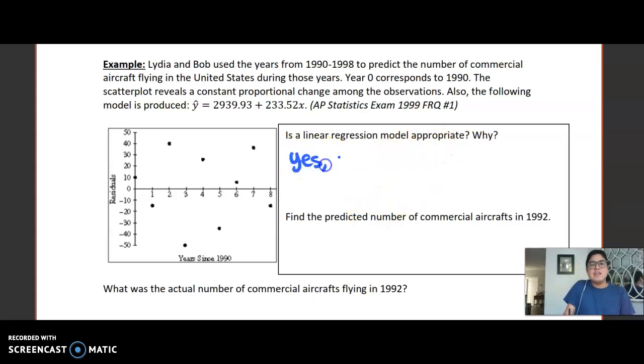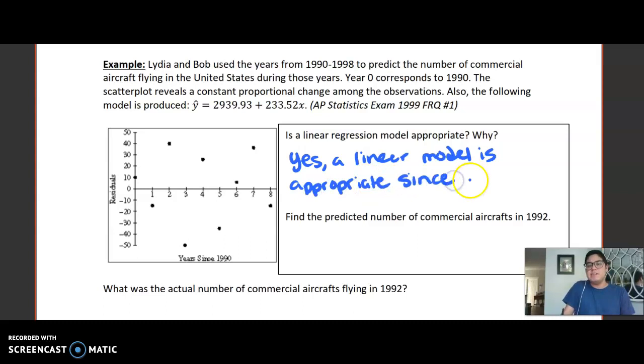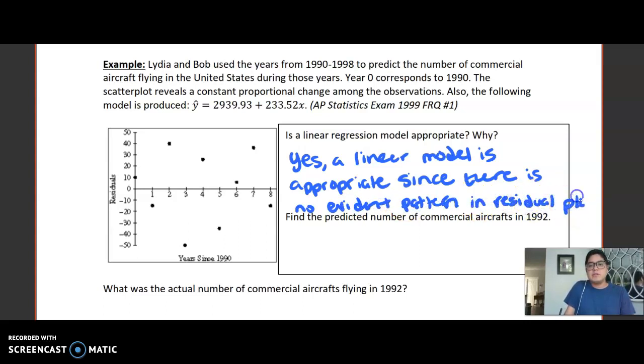Yes, a linear model is appropriate since, well, I don't know the scatter plot, but since there is no evident pattern in the residual plot. I'm going to run out of room here. Cool beans. So a linear model is appropriate because the residual plot reveals no evident pattern.